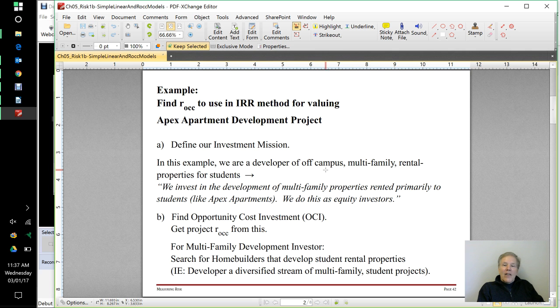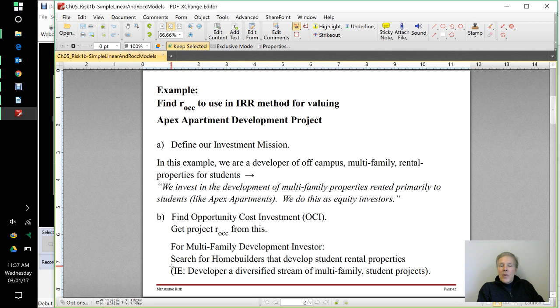Now that we know our mission, we have to search around the world for an appropriate opportunity cost investment. And remember, that's going to be a diversified set of investment projects in multifamily properties, hopefully for a demographic like students, like graduate students.